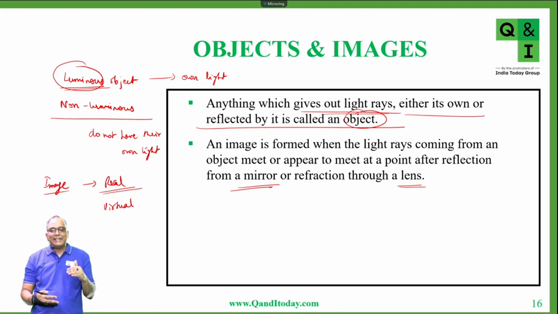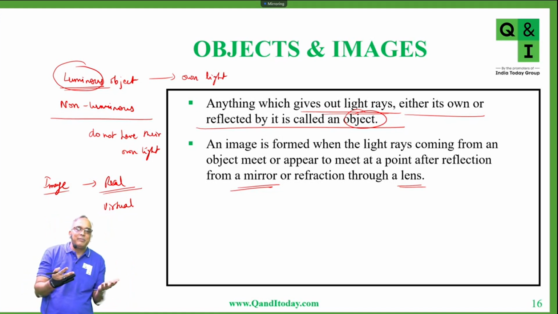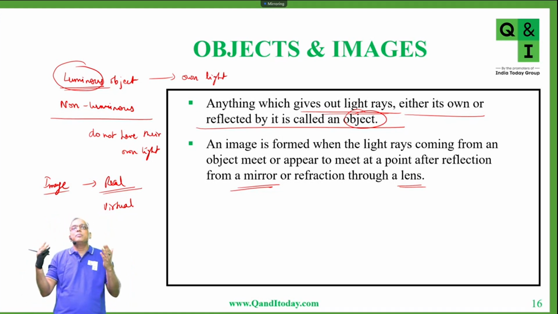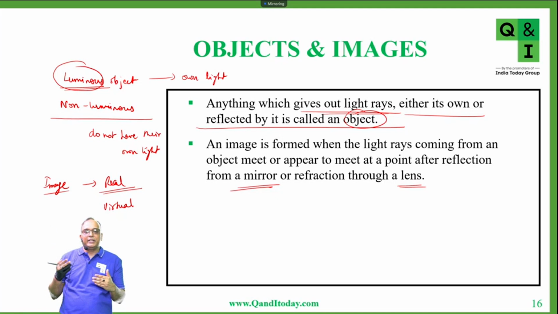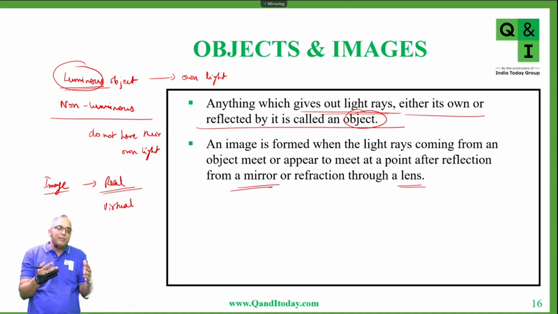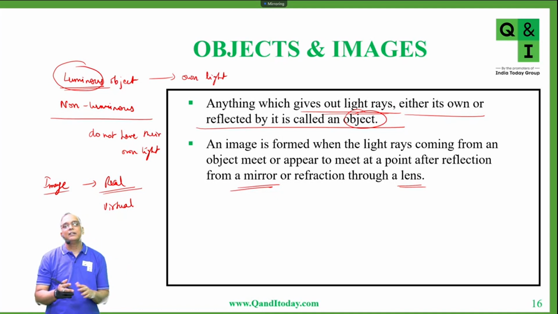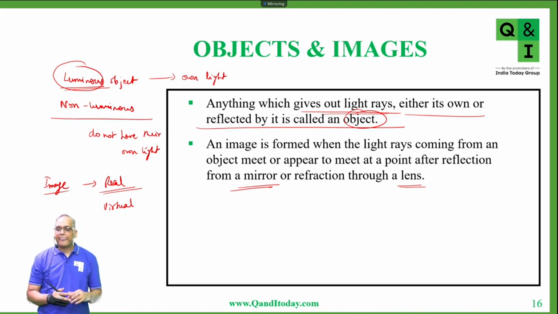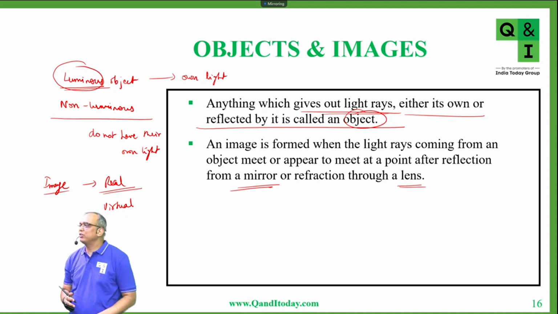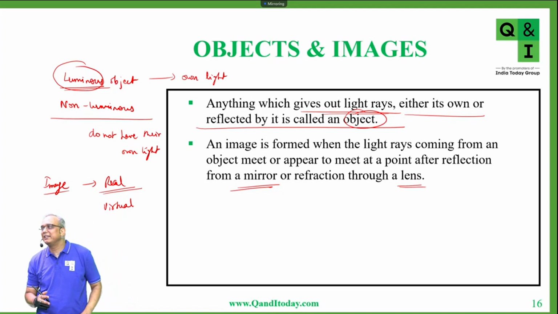And when light rays do not actually meet at that point, but appear to be coming from some other point, that means there is no actual light ray there, so that is a virtual image. It will be more clear when I talk about image formation. Real image and virtual image, the basic concept, is it clear?